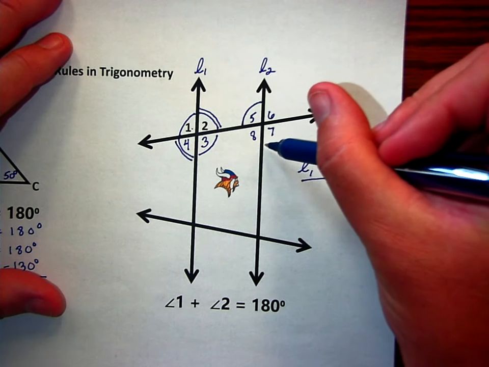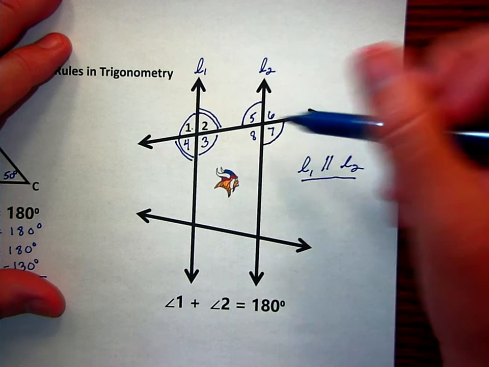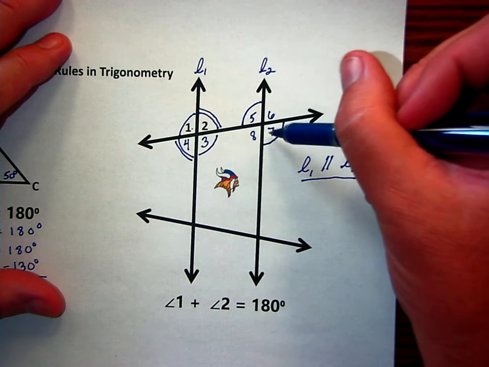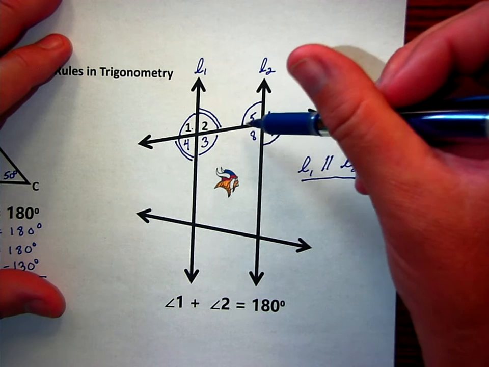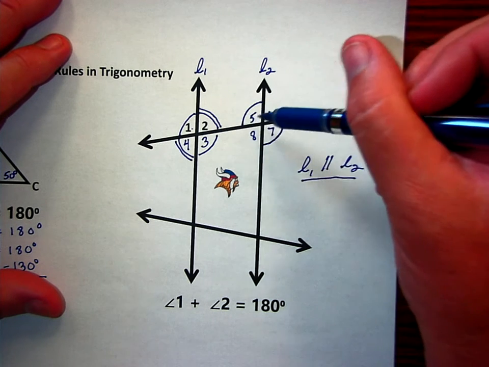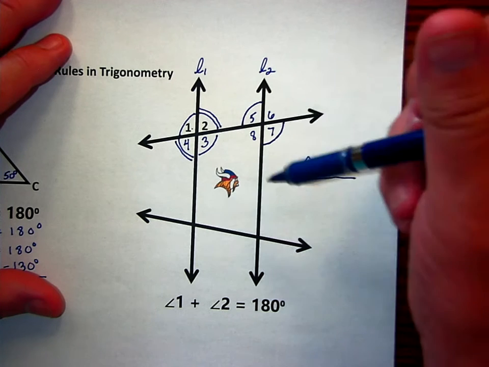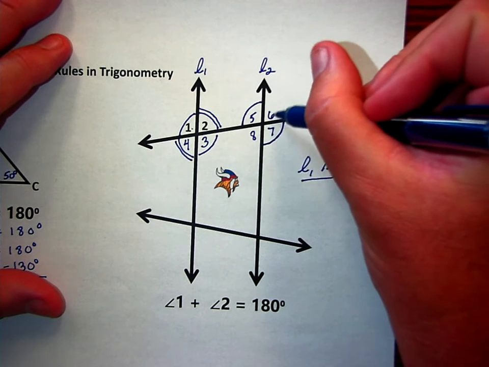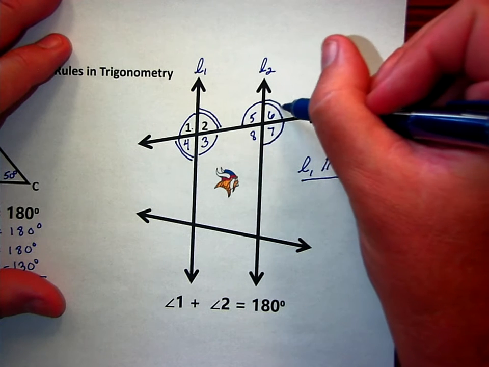It also means that angle 7 is congruent with angle 1. Angle 7 is congruent to 5 because they are vertical angles. 5 is congruent to 1 because they are corresponding angles, meaning that they're located in the same position within the cluster. Now you also have that angle 6 is congruent to angle 2.